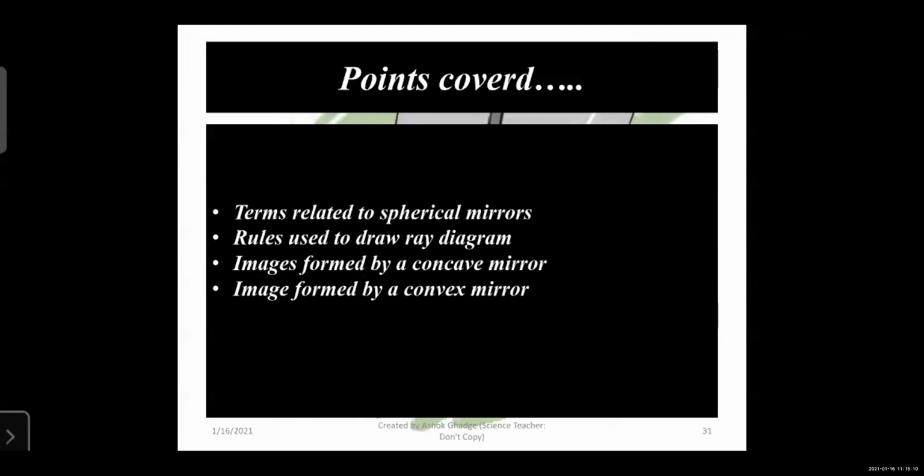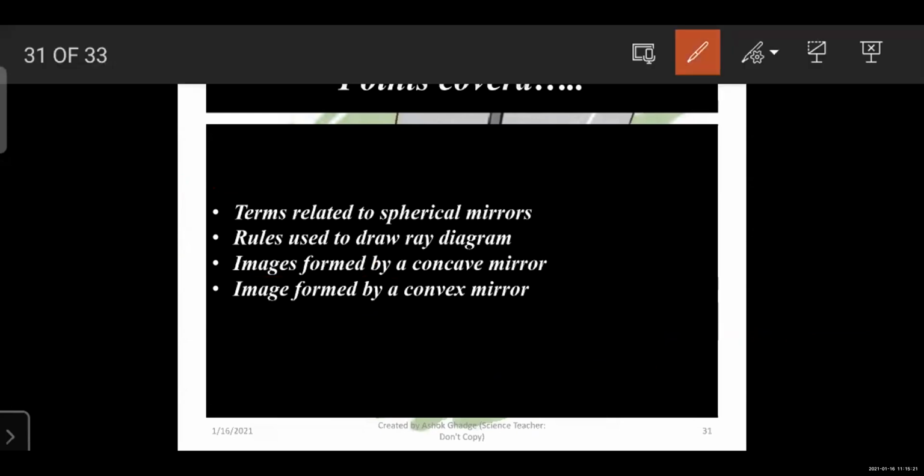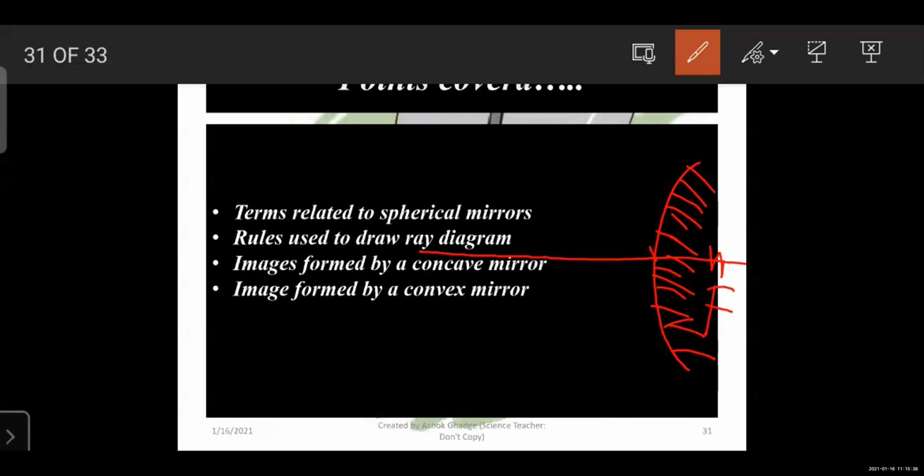Next, we have seen the images formed by convex mirror. Convex mirror is shown like this. The inner part is coated with aluminum or silver and lead oxide. In this condition, the focus is on the other side, because this is the space part.